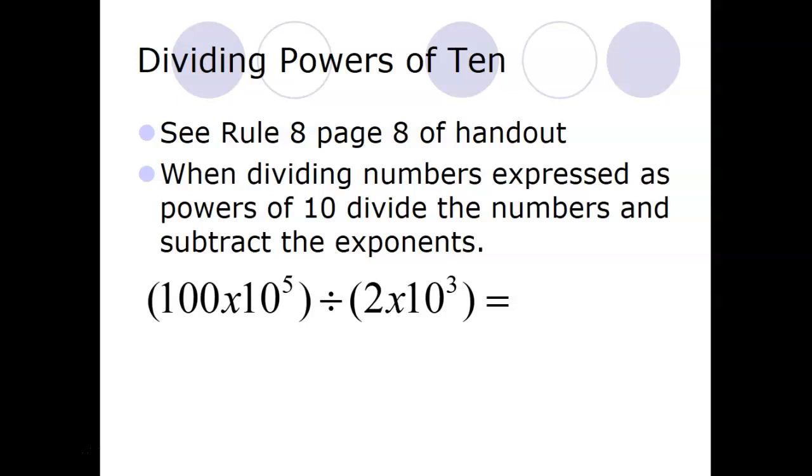So I have 100 times 10 to the 5th divided by 2 times 10 to the 3rd. Now, the last time I went ahead and shortened that 100 down to 1. You think I probably need to do that with this one? No, because I can't divide 1 by 2. Right?